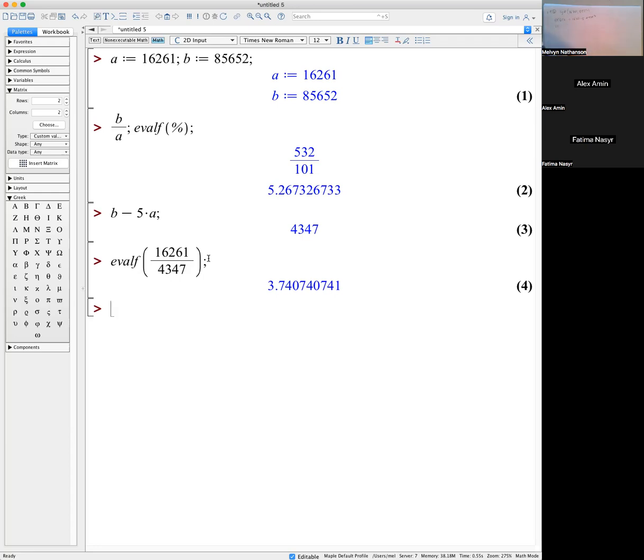So 16,261 is 4,347 times 3 plus some remainder. And the remainder is 16,261 minus 4347 times 3.